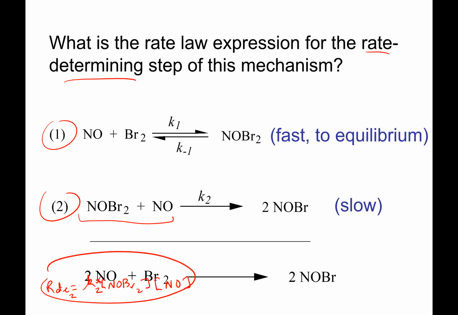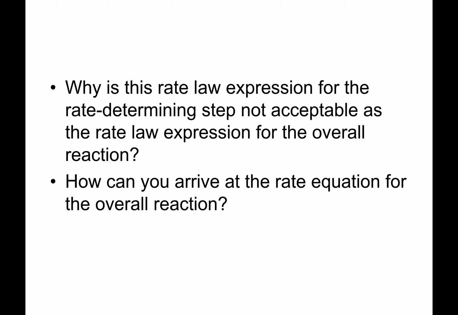I gave you a hint by putting an asterisk next to NOBR2. NOBR2 is what we call an intermediate, so you can't stop there. Instead of asking in the form of a question, I'm going to show you how we get rid of that.